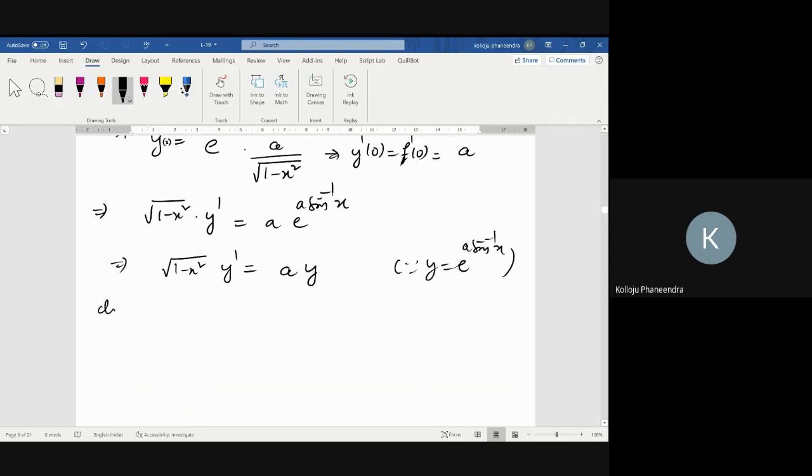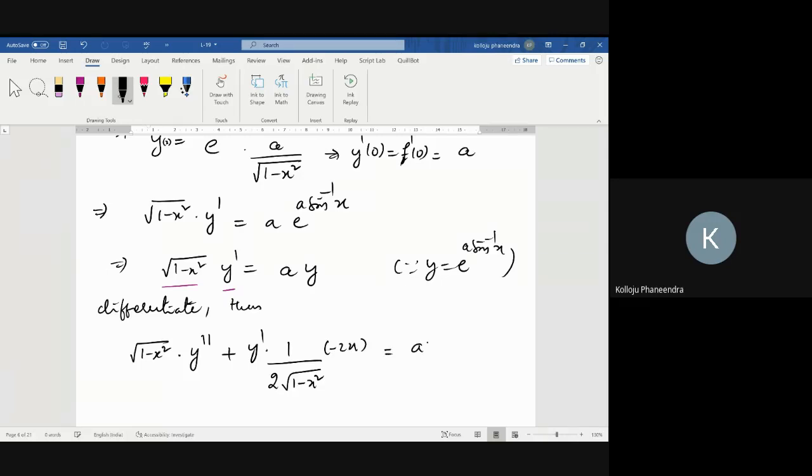Now again differentiate. This is the uv method, the product rule. Let me keep root of 1 minus x square constant and differentiate y dash to get y double dash. Next, plus y dash as it is, times the derivative of root of 1 minus x square, which is 1 by 2 root of 1 minus x square into the derivative of 1 minus x square.